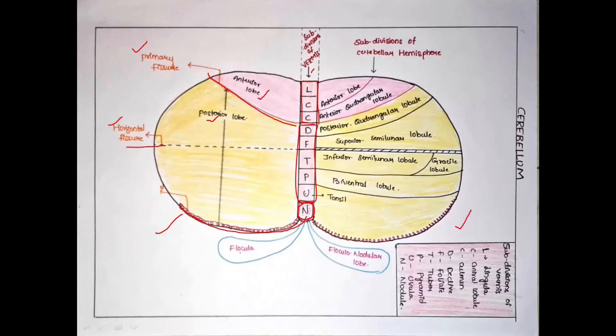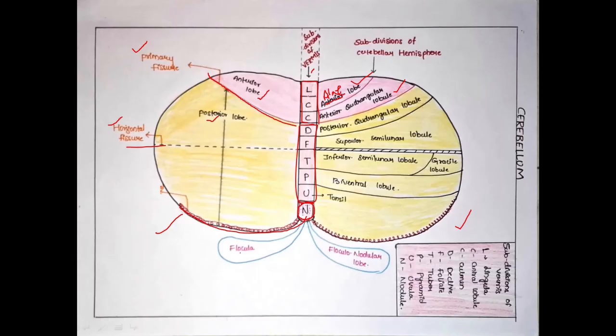So do remember all the subdivisions of the vermis and the cerebellar hemispheres in parallel with the vermis. Towards the lingula, we don't identify any cerebellar hemisphere subdivision, but the central lobule is in relation with the ala, and the culmen is in relation with the anterior quadrangular lobule.